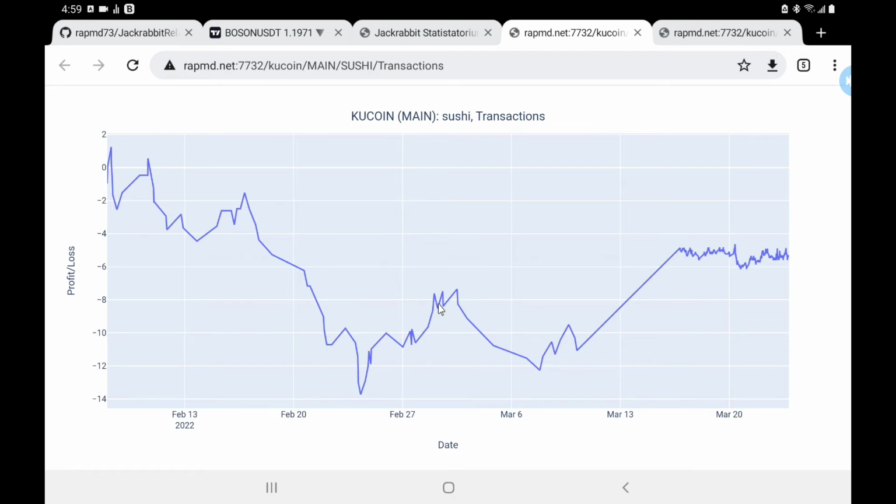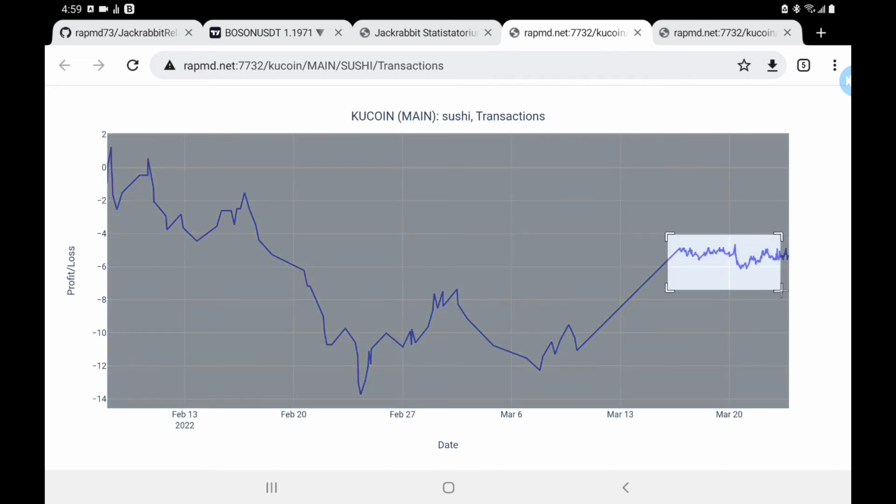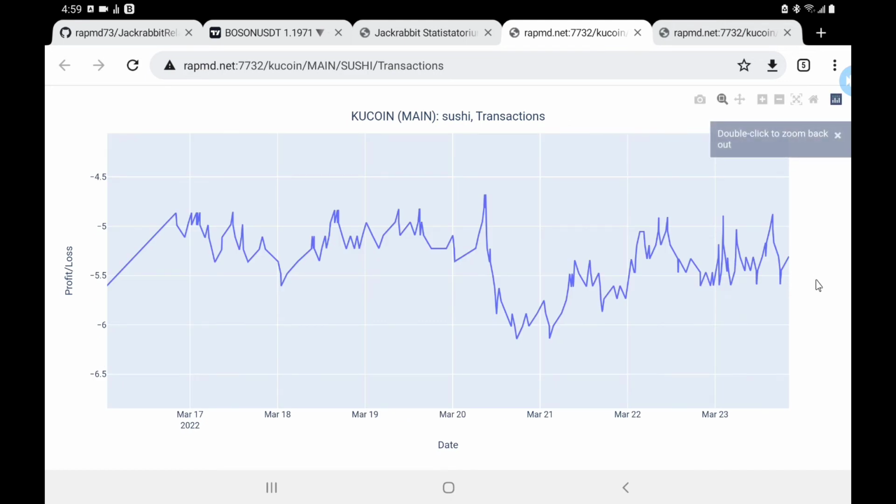But because of this approach, I can simply wait and let this do the work for me. So, constantly looking, buying, selling, and every sell is a realized percentage of this price.